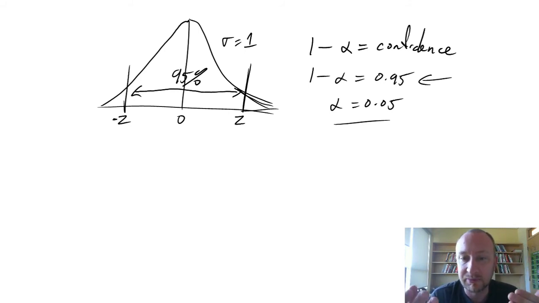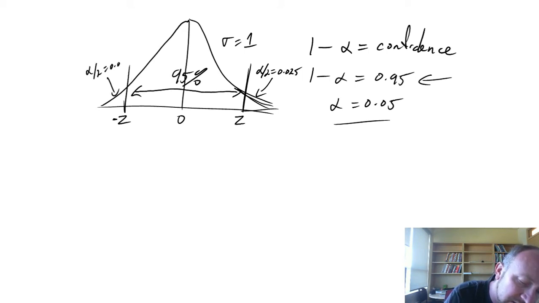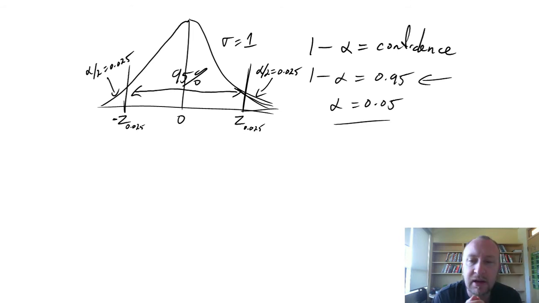So how can I obtain those two Z values? Well, if this is 95% between those two, then this area out here is equal to alpha divided by 2, which is 0.025. And this area out here is alpha divided by 2, or 0.025. So we denote these as Z 0.025, Z 0.025. That means that if I draw a number at random out of that standard normal distribution, 95% of the time it will fall between those two limits.